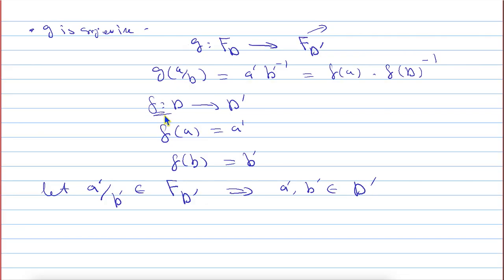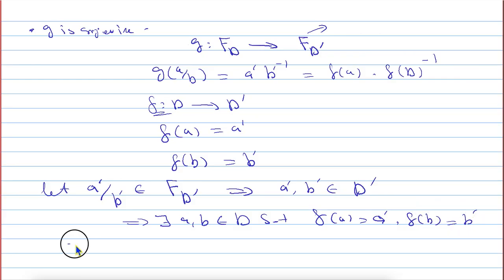And f is a surjective function, so there exist A and B in D such that f of A equals A prime and f of B equals B prime.